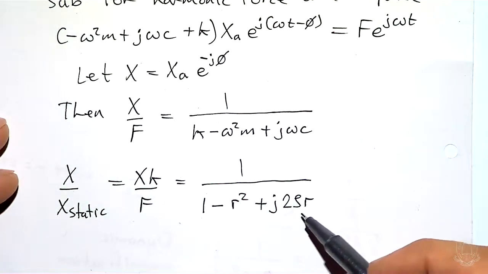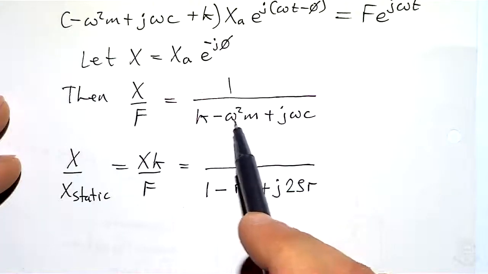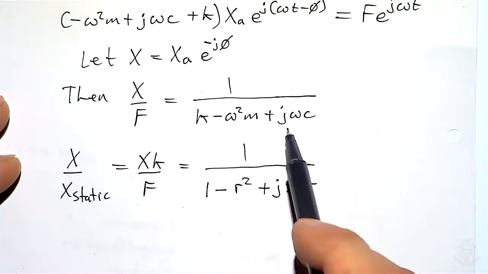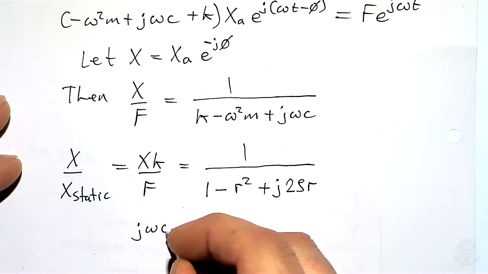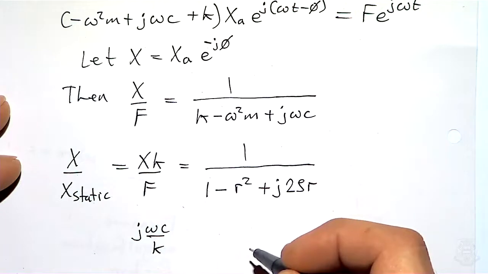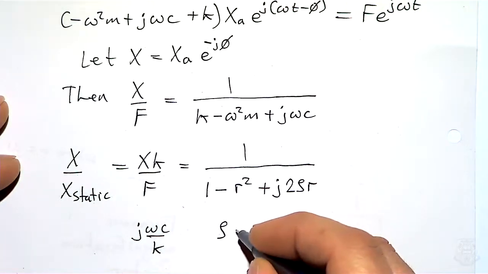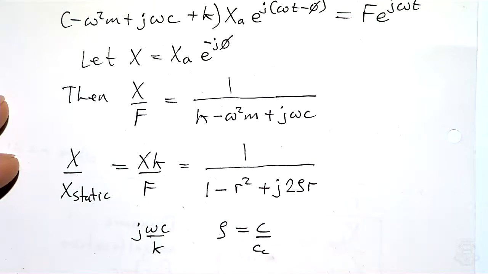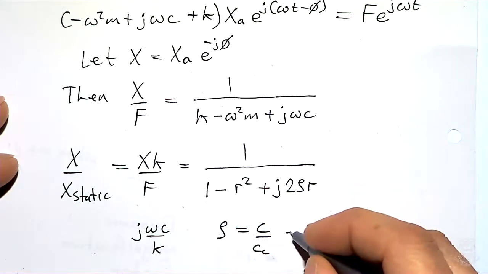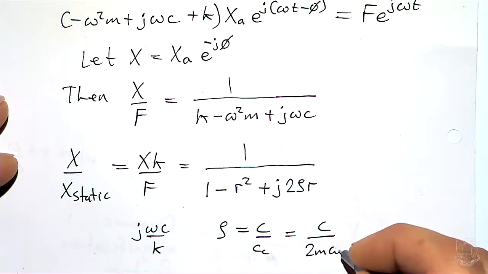So how do we get this term here? So what we do is, if you remember, we're taking k out of all of these terms. Okay, so we end up with something like this. We end up with j omega c over k. Okay, so if you remember from before, the damping ratio zeta was defined as c over c critical, wasn't it? That's what we defined in the previous lectures, which is equal to c over 2 m omega n.